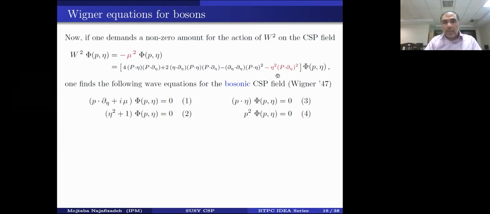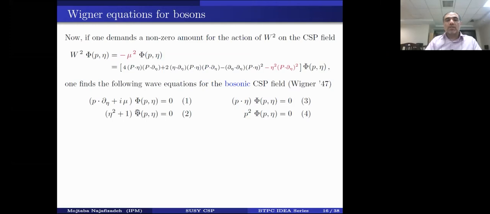You see here that this non-zero amount comes just from these operators. If you set P dot d eta plus I mu on phi equals 0, then you apply eta square plus 1 on phi equals 0.